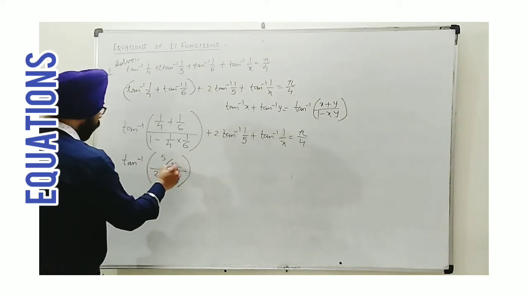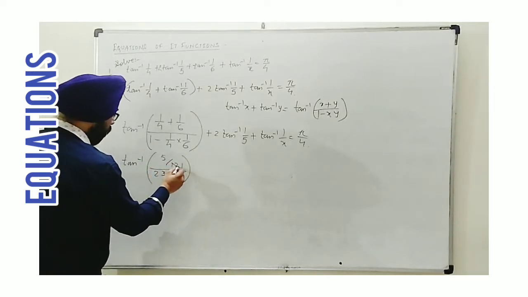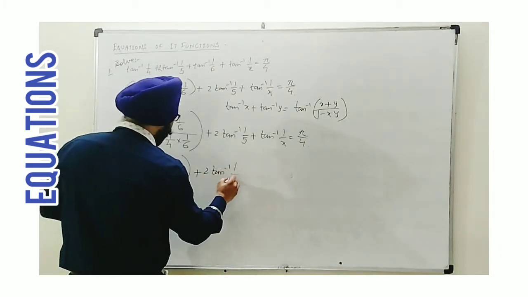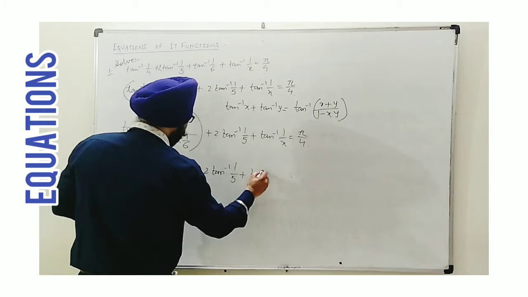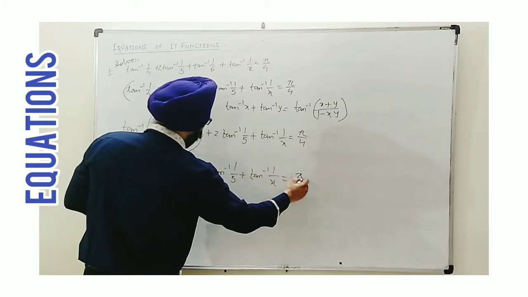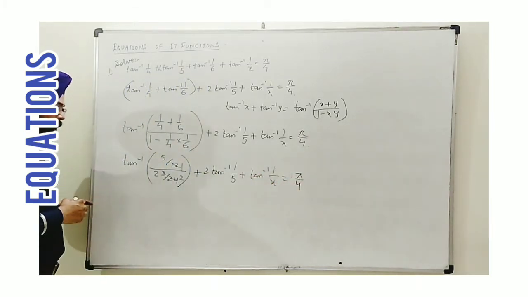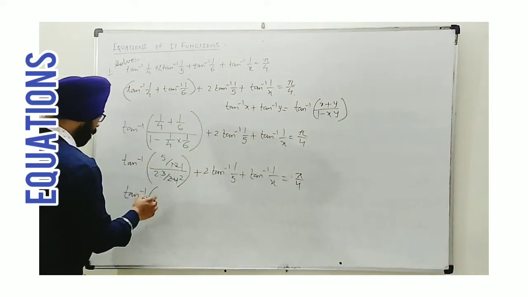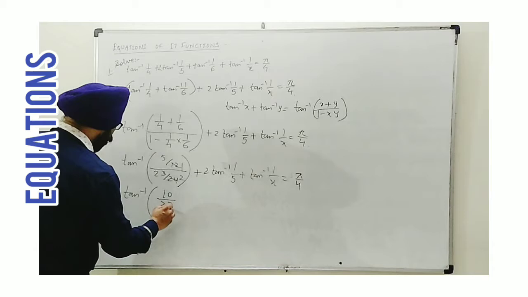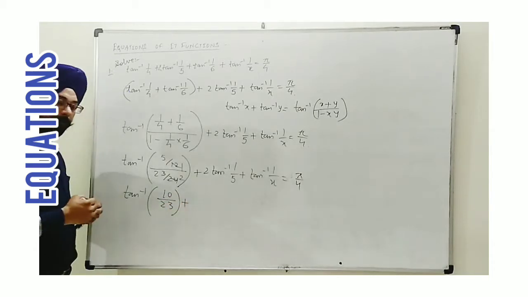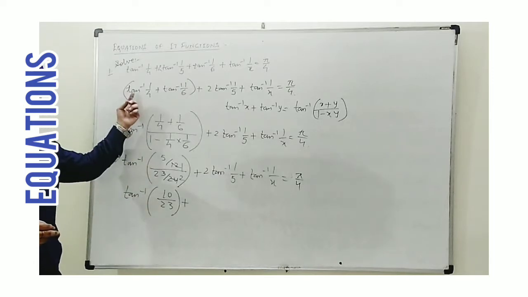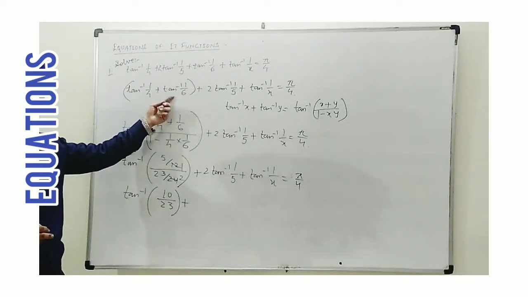Now further we can do this 12 to 24 cancelled out. Twice of tan inverse 1 upon 5, tan inverse 1 upon x, this is equal to pi by 4. Now think of it. This can be written as tan inverse 10 upon 23. Now, this is obvious thing. This tan inverse 10 upon 23 has been obtained from the simplification of these two terms.